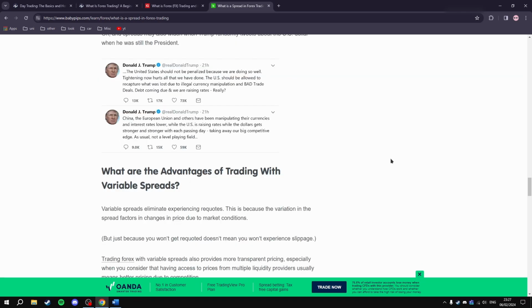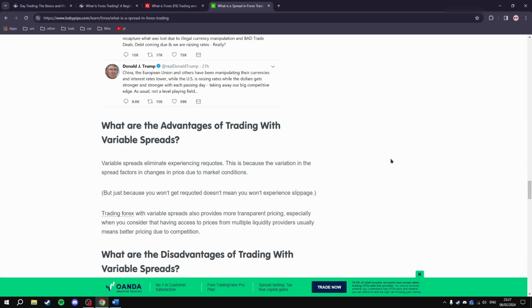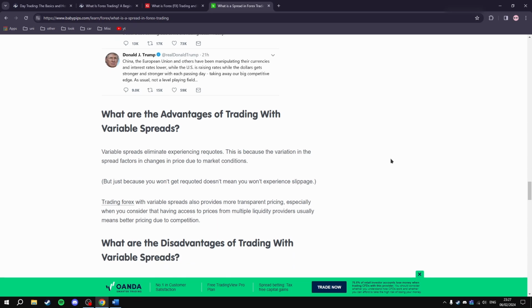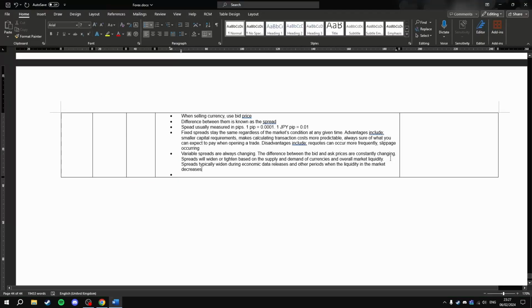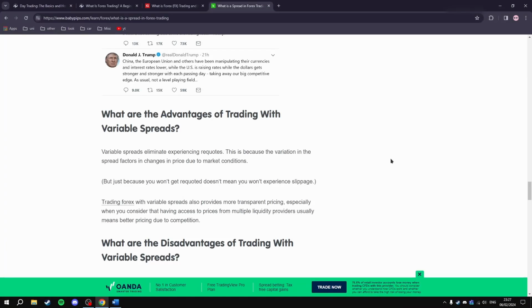What are the advantages of trading with variable spreads? Variable spreads eliminate experiencing requotes. Advantages include no requotes. This is because the variation in the spread factors in changes in price due to market conditions.